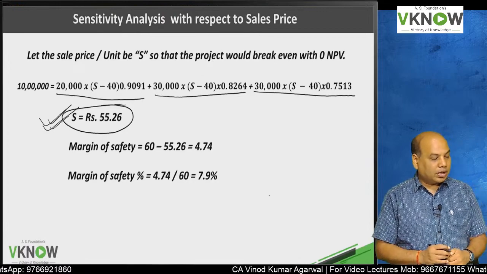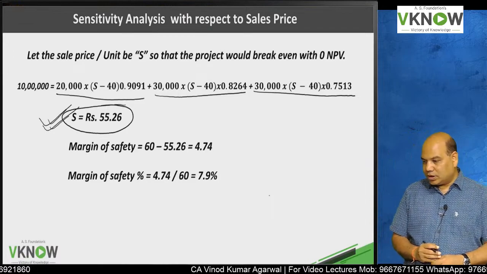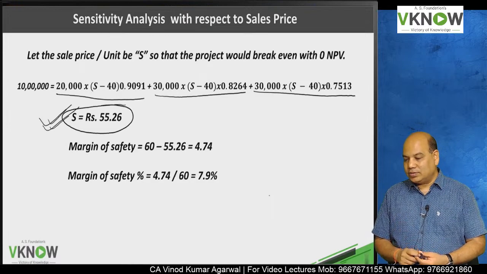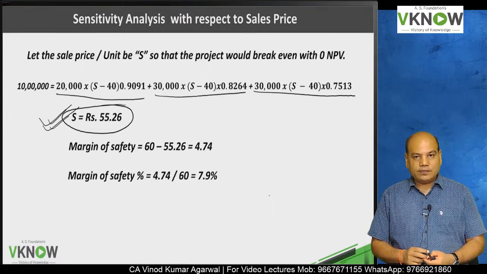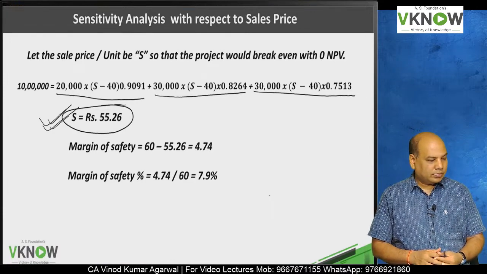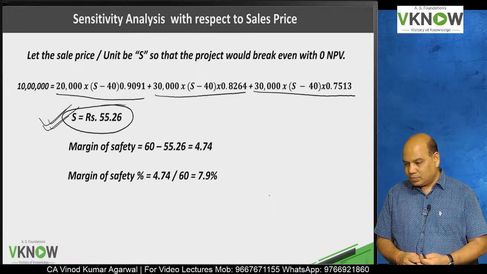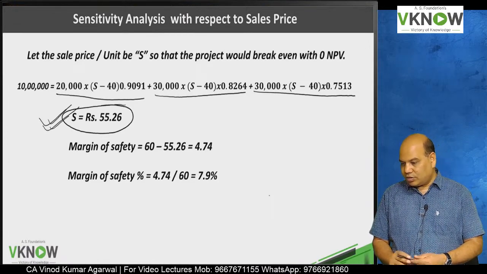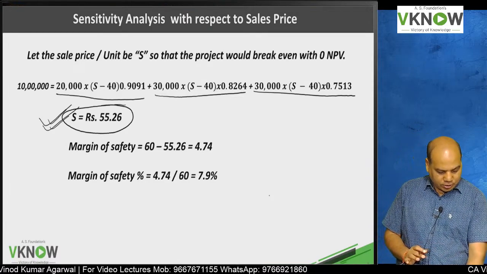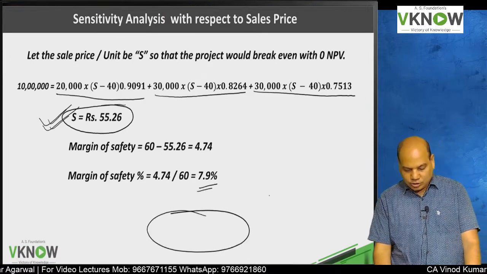Next line, margin of safety in percentage: 4.74 divided by 60, 7.9%. Margin of safety 7.9%. Is it right? Say yes or no. Yes. Now I am going to ask you the same question.